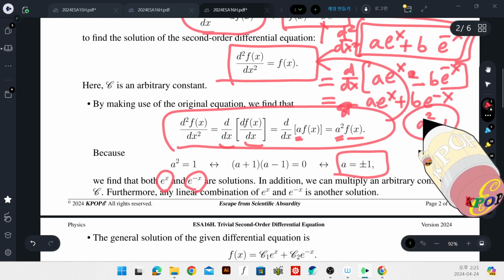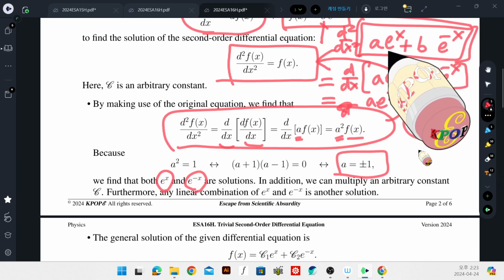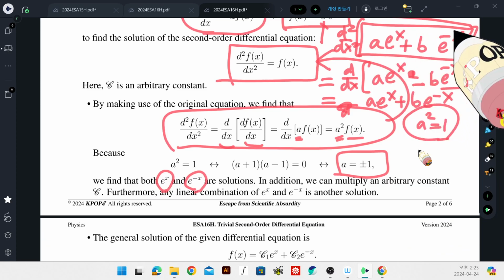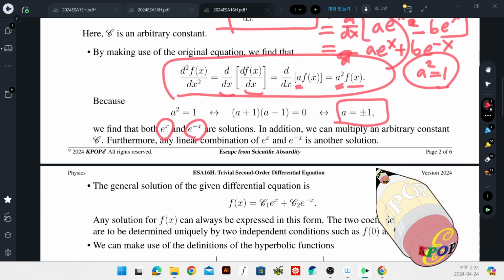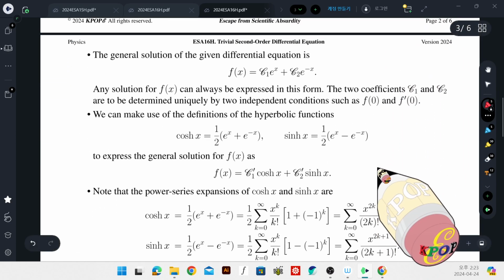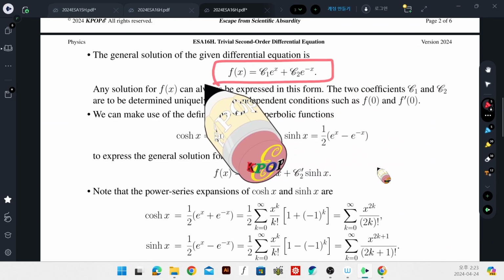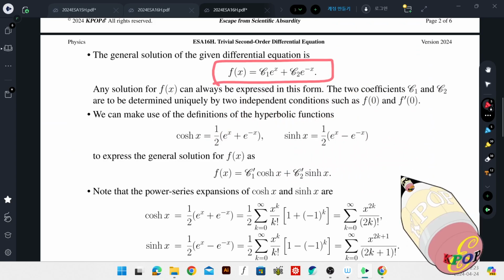So this is the reason why the linear combination of exponential x and exponential minus x is also a solution of this. So the general solution, the arbitrary solution of the equation, is this.